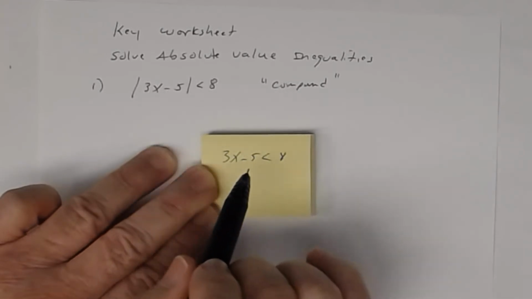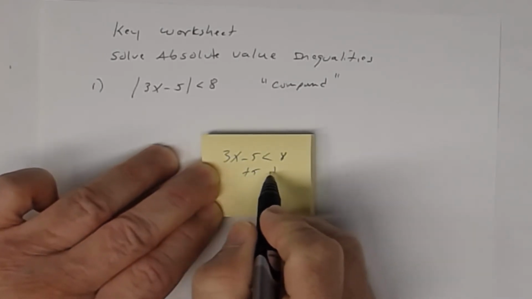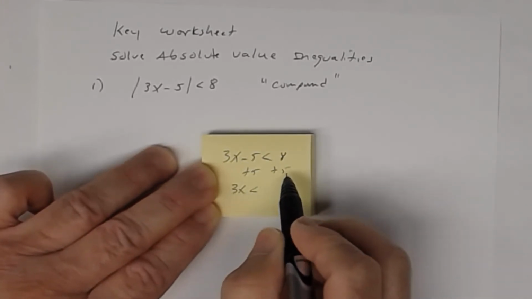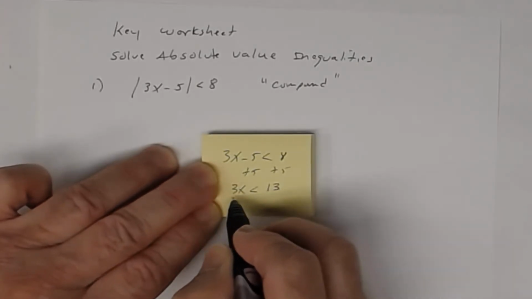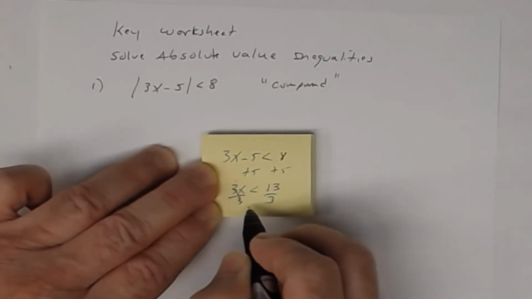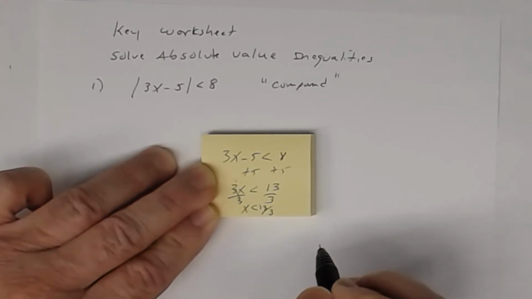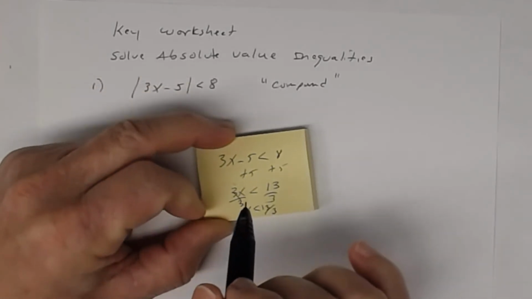This is absolute value. This is linear. When solving a linear, you would add 5 to both sides, right? And then you get 3x is less than, in this case, 8 plus 5 is 13. Then divide both sides by 3, and so your solutions would be any number less than 13 thirds. But that's not the case here. So you've got to be careful.